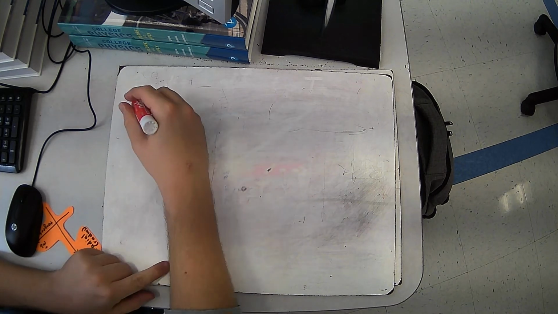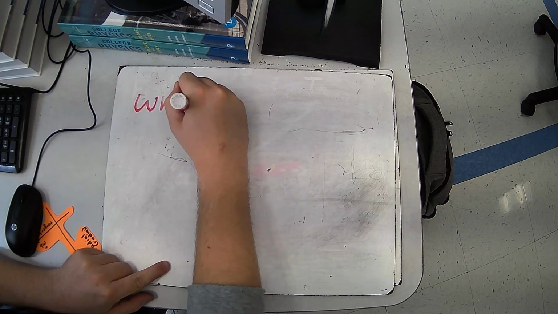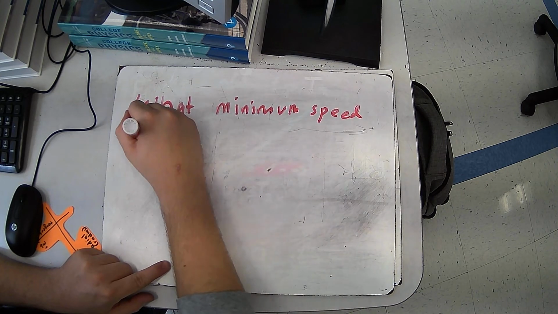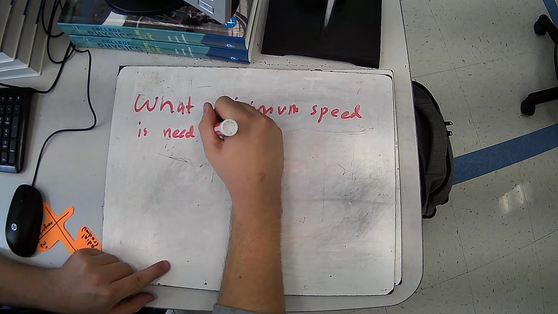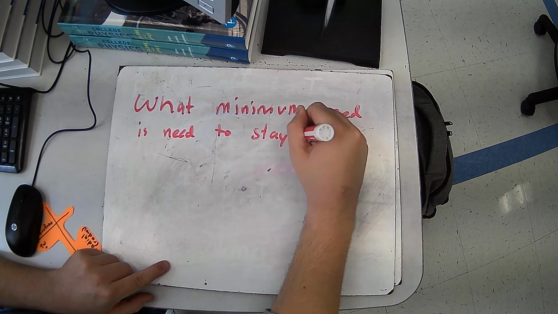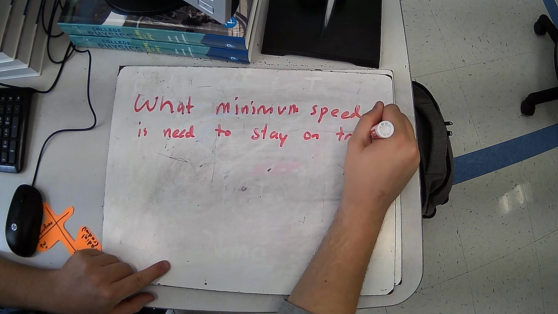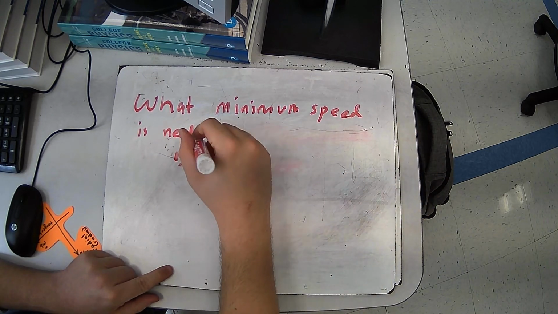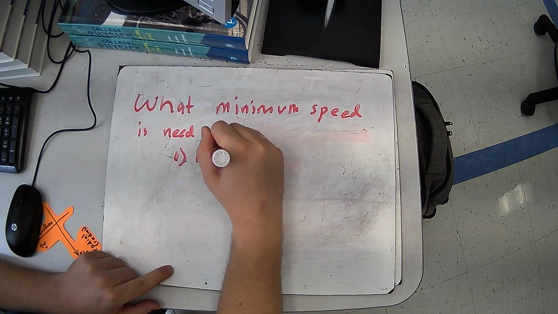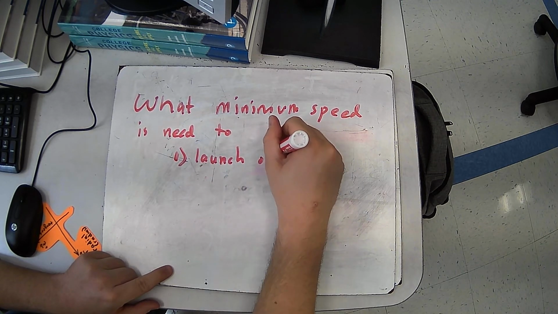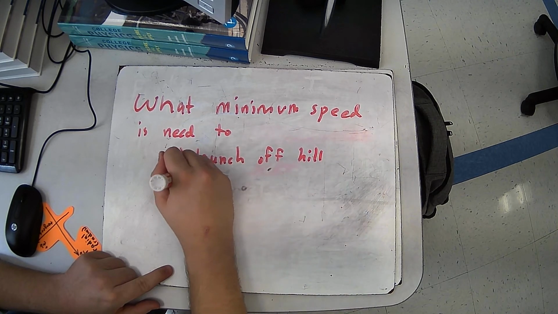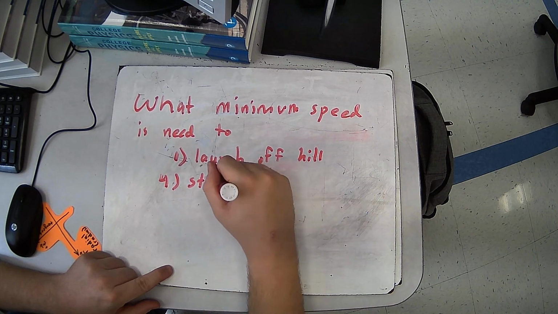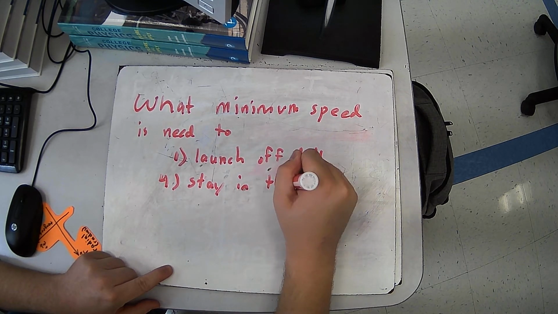So the question is, what minimum speed is needed to stay on track? Actually, it depends on the situation. If we're looking at free body diagram 1, it's to launch off the hill. And 2, if we're looking at free body diagram 4, it's to stay in the loop.